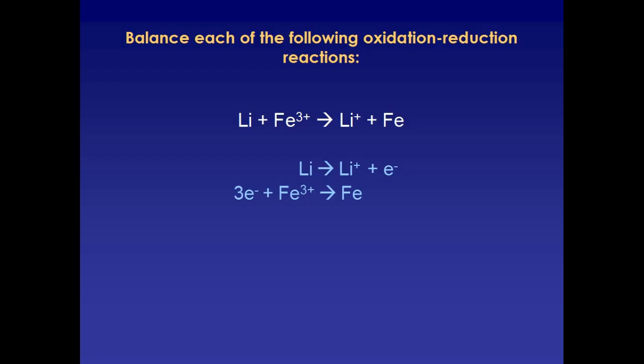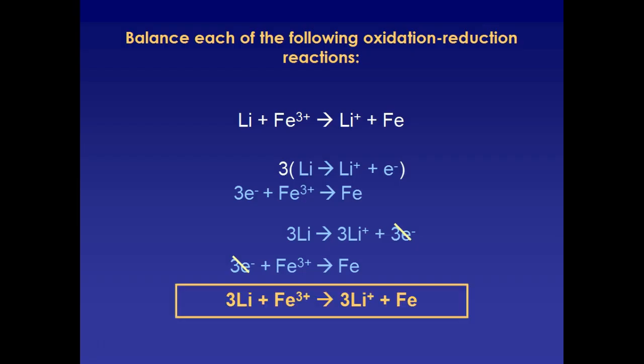Well, the only way one can lose an electron and the other one can gain 3 is for them both to undergo a change of 3. So you would have had to multiply the lithium half reaction by 3 to account for that electron change. And now the electrons lost do equal the electrons gained. And the balanced equation would be 3 lithiums and an iron 3+ ion make 3 lithium ions and an iron metal.